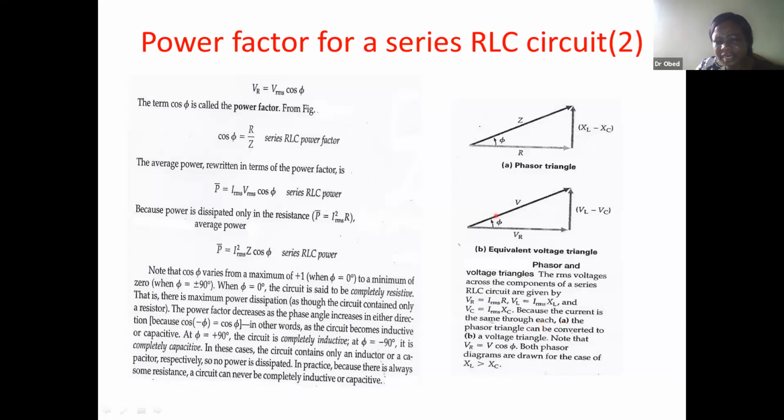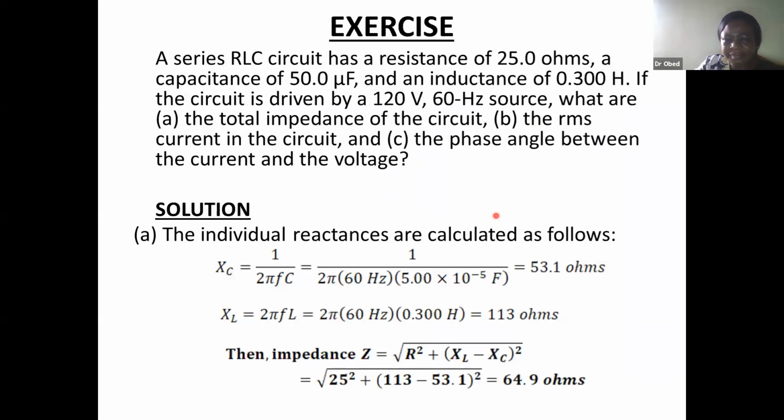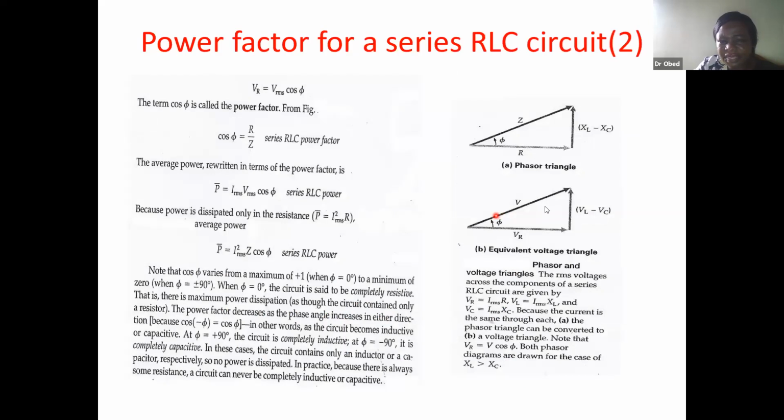So the phasor diagram in A, the phasor triangle, can be converted to B, a voltage triangle. Note that VR is equal to V cos phi. Both phasor diagrams are drawn for the case of VL greater than VC.